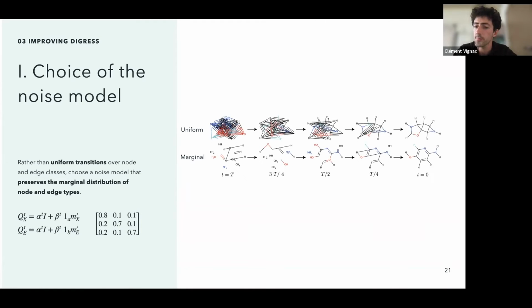Hannes? Yeah, just to be clear, you said, I think, that the transition matrix is different at each time step, but that is during the forward diffusion. Isn't it the same at each time step?